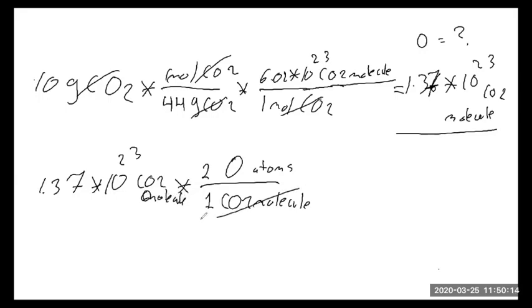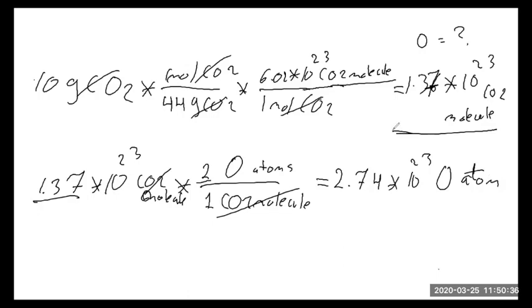Cancel CO2 molecule with CO2 molecule. This number multiplied by 2 will be approximately 0.74 times 10 to the power 23 oxygen atom. So if it's a molecule, you just multiply it by 2 to find the number of the oxygen atom.